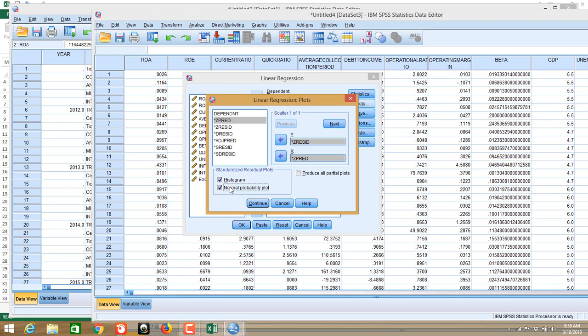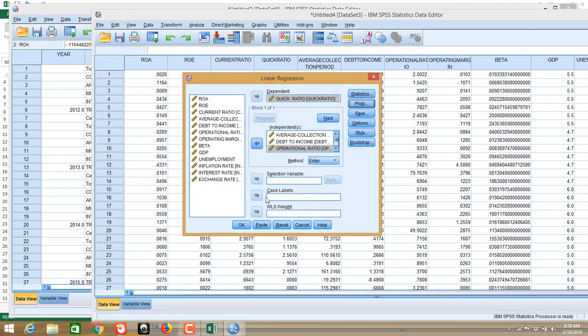You tick both of them and then you continue. Remember, ZRESID in the y-axis, ZPRED in the x-axis. Continue. Okay, that's it. You don't have to do anything else now.